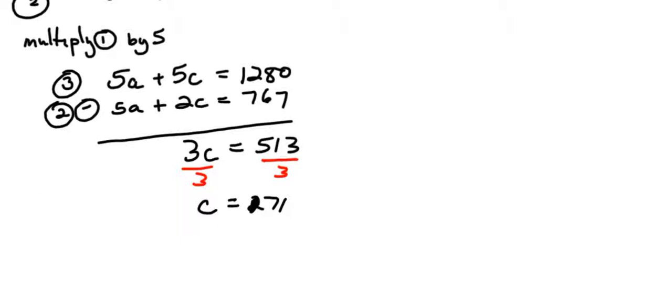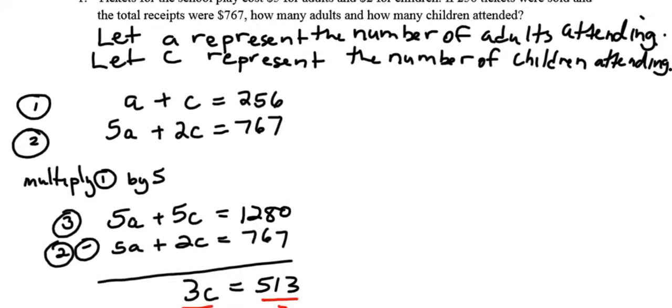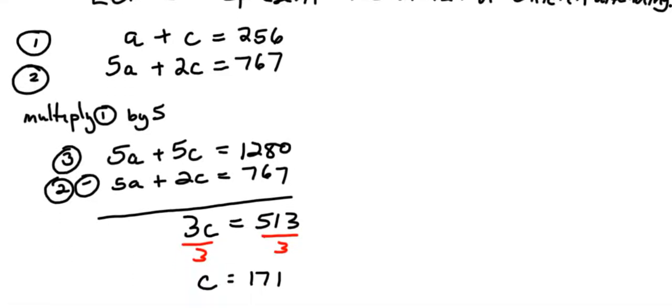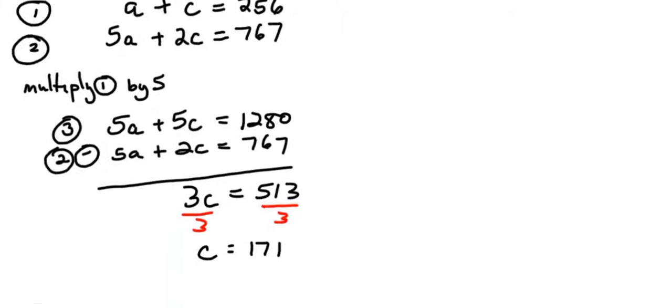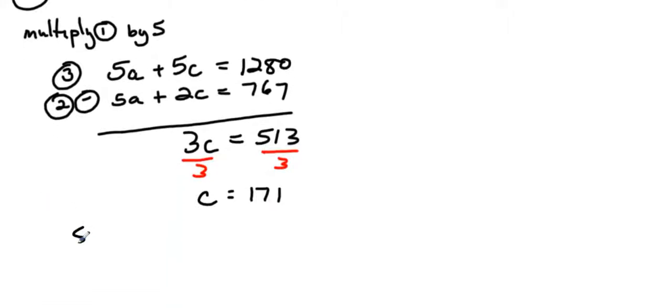and let's see if I can erase that because it doesn't look very nice. So 171 children attended, and now let's see how many adults attended. So we can go back to one of our original equations. I would go back to number 1. So sub C equals 171 into 1.